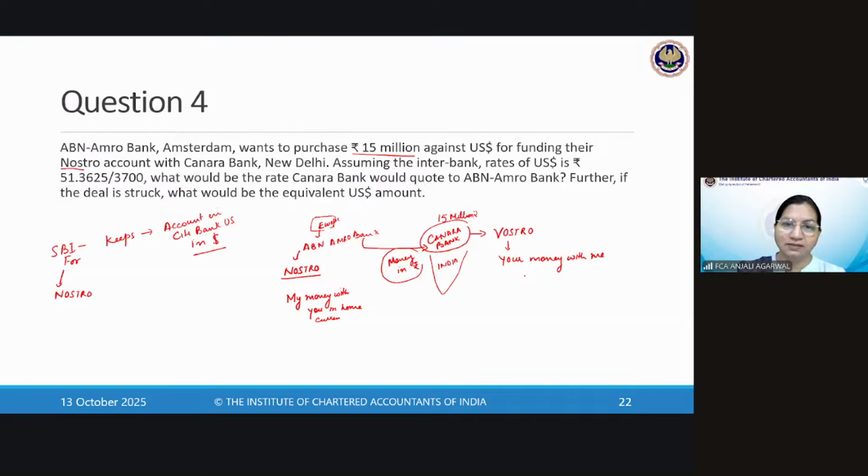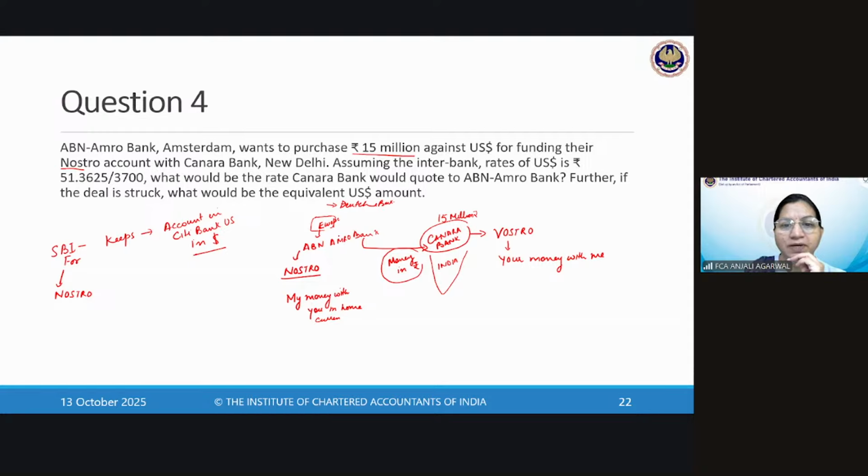Loro means their money with you. So let's say if the payment was supposed to be made by some bank in Europe, let's say the Deutsche Bank. The Deutsche Bank wants to make a payment in Germany. The German bank wants to make a payment to someone in India. But the Deutsche Bank does not have a Nostro account in India with Canara Bank or any other bank.